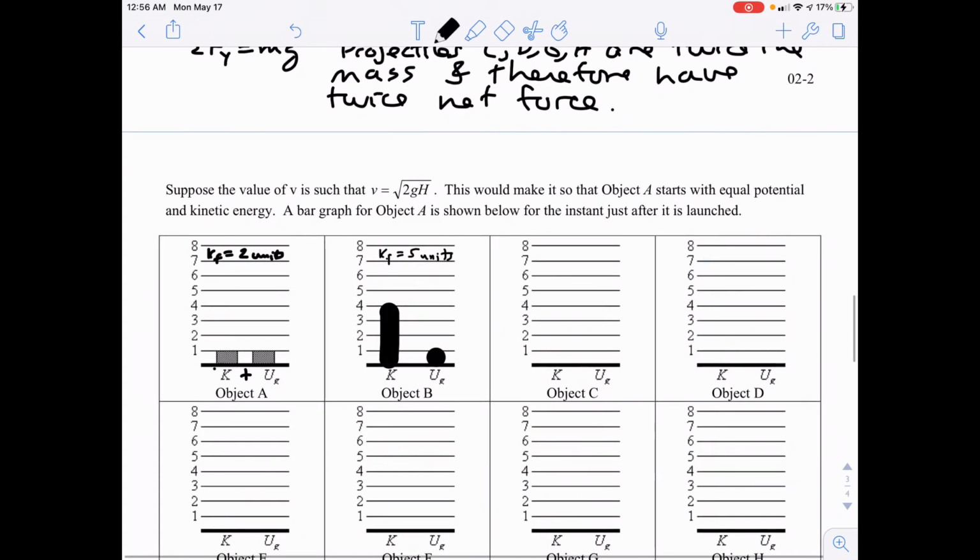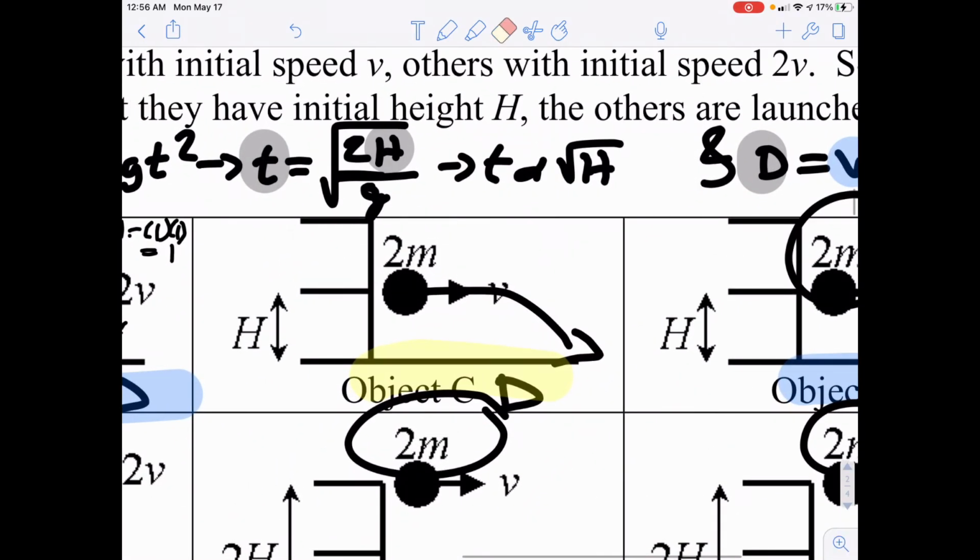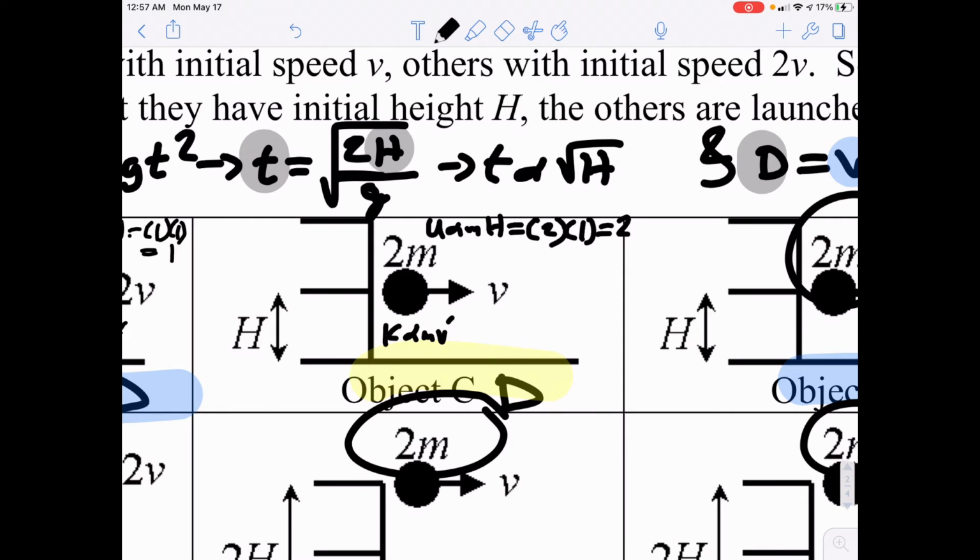Now what about object C? All right, well, object C has a potential energy proportional to, again, mh. So we have 2 mass units and 1 height unit, so we have a potential energy of 2. And kinetic energy is proportional to mv squared.